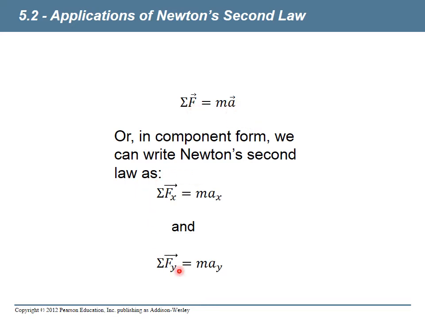Or, in component form, we have summation of forces in the x direction is equal to mass times acceleration in the x direction. And same thing for the y direction, summation of forces will equal mass times the y component of acceleration, right? And the same thing, if we had a z direction, we could also say summation of forces in the z direction would be equal to the mass times whatever the resulting acceleration is in the z direction, right? So same thing that we had a minute ago, except acceleration is not going to be equal to 0 in this case.